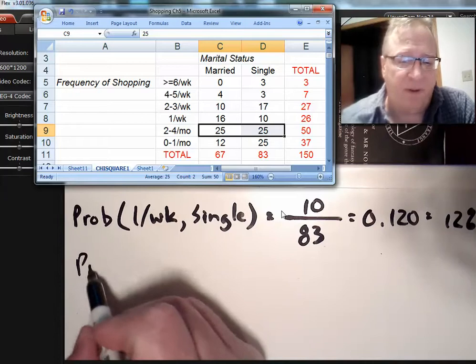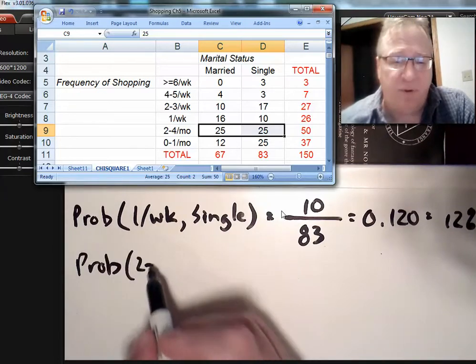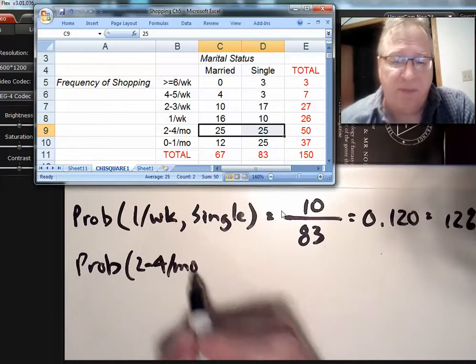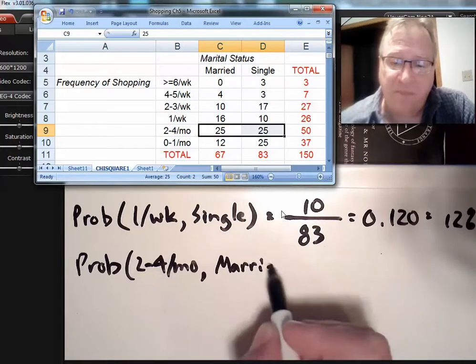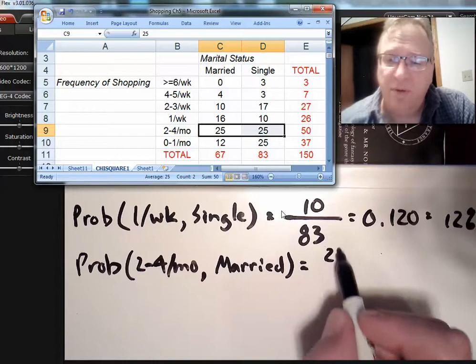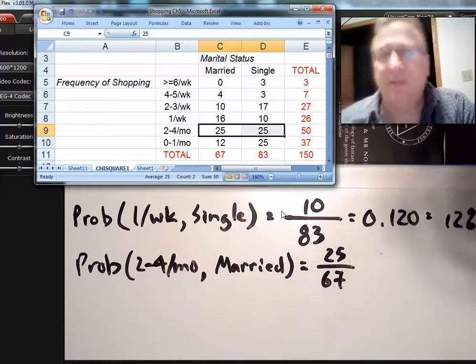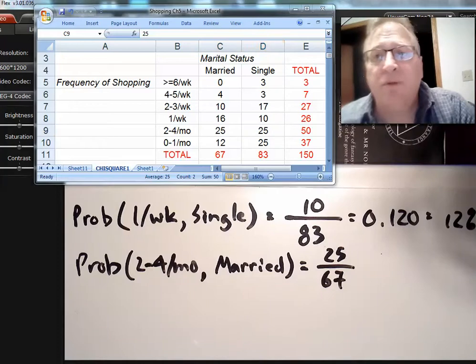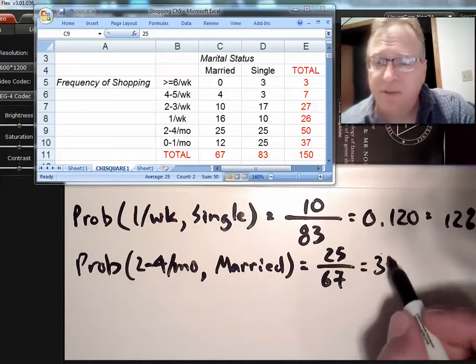No. The probability that people go 2 to 4 times per month if you're married is equal to 25 favorable outcomes over 67 outcomes. 25 divided by 67 is roughly 37%.